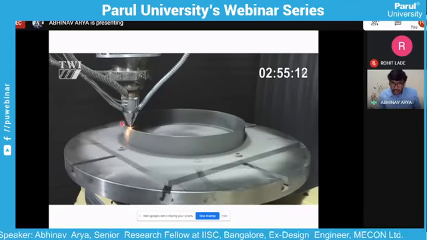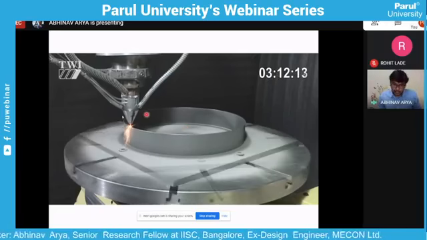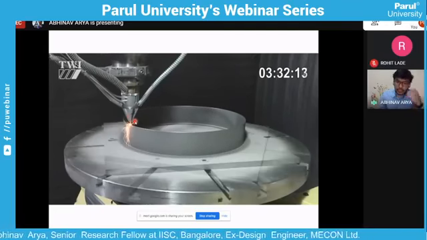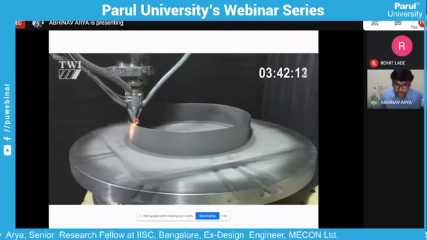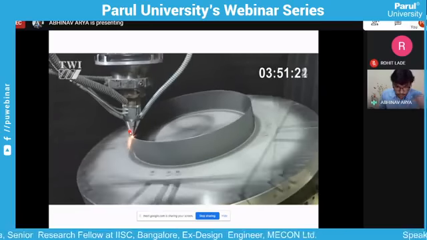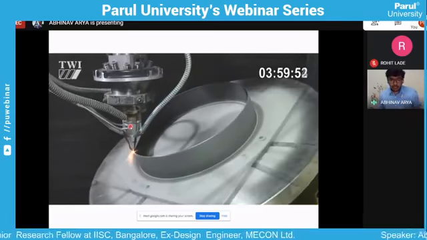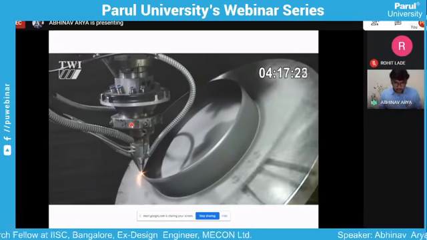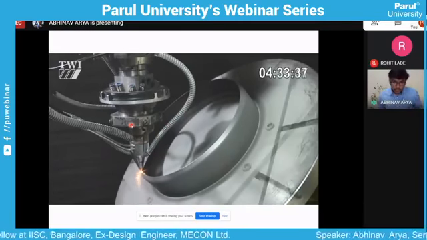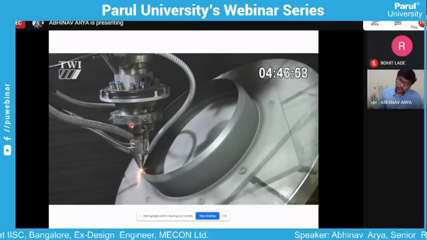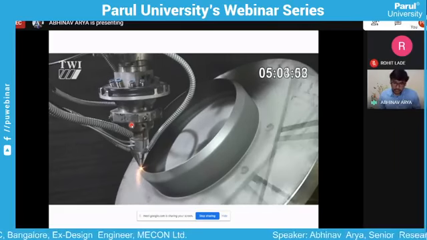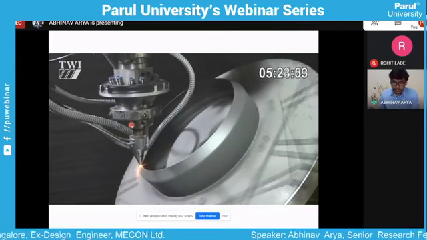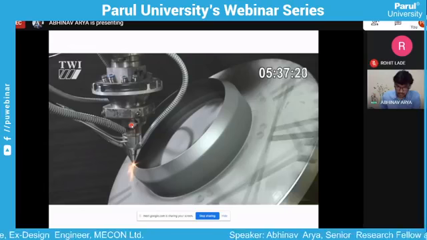Using this, from whatever design we have, we can print our component in real time, and we can change the orientation. We can do so many things, and we can make a component of whatever shape we want. We can directly get a finished product from this 3D printing technique.